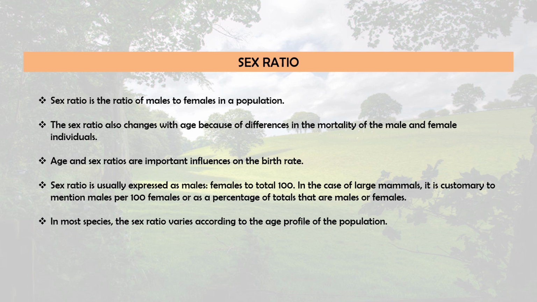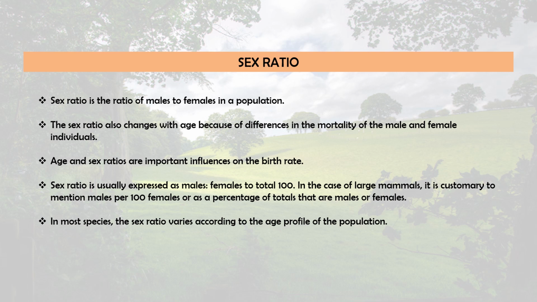And the age and sex ratios are important influencers on the birth rate. And the sex ratio is usually expressed as males to females, made up to the total of 100. For example, 50 to 50 means 50 males to 50 females in a population.